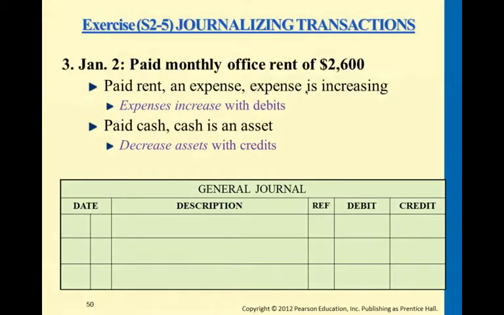The next one here, January 2nd, the company paid off monthly office rent of $2,600. So they paid something immediately, paid $2,600, and specifically they're paying for rent. So what are the two accounts affected?